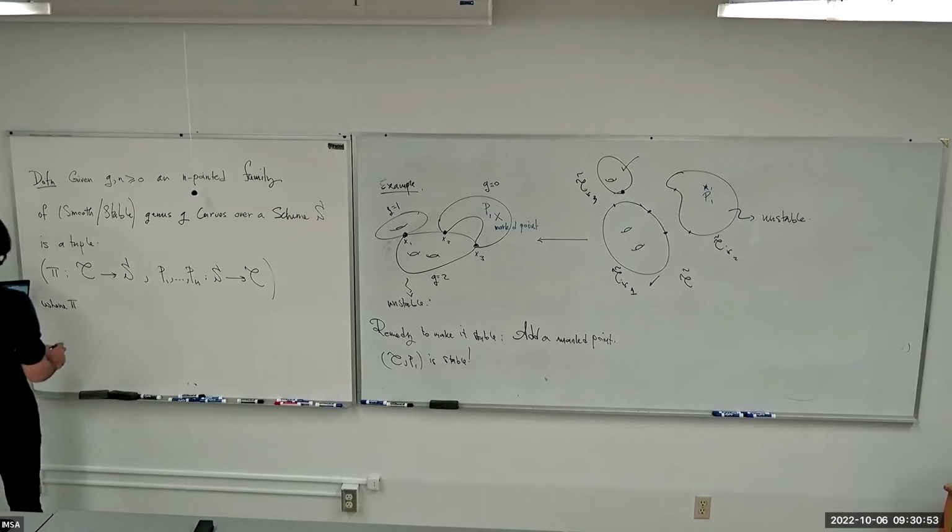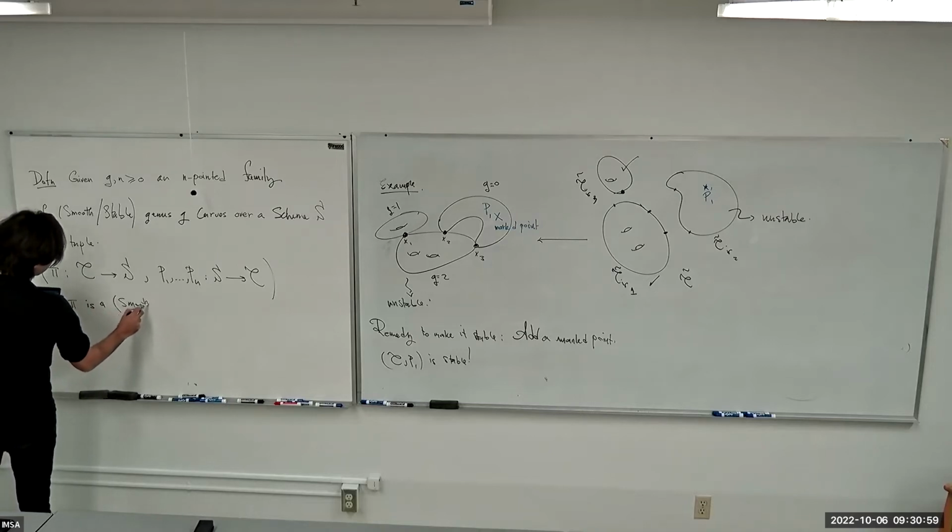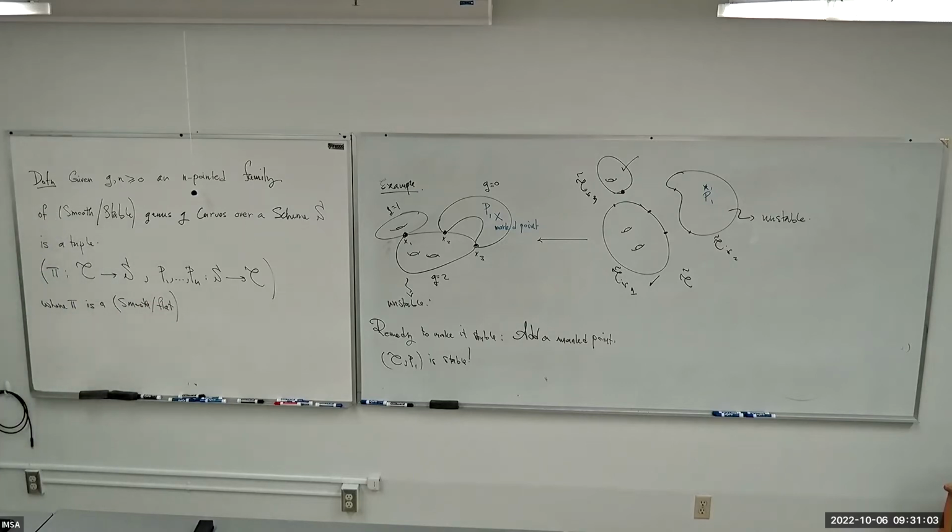π is a smooth or flat, proper, projective, finitely presented morphism of schemes. So it could be a parameterization of smooth curves, in which case π would be smooth. It could be a parameterization of stable curves, in which case it would be at least flat.